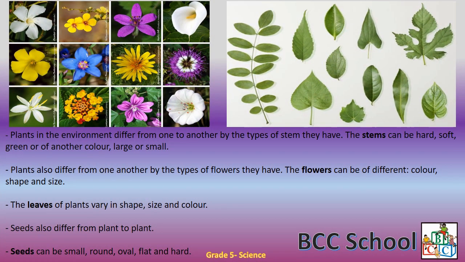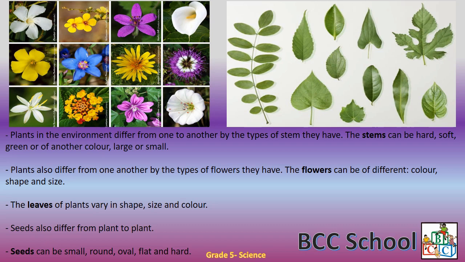Let us read. Plants in the environment differ from one to another by the types of stem they have. The stems can be hard, soft, green, or of another color, large or small.